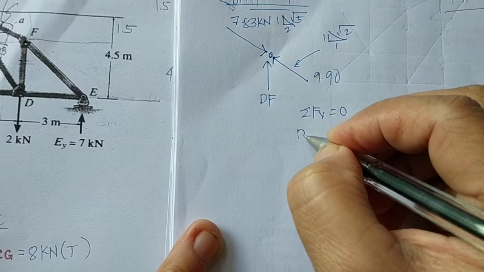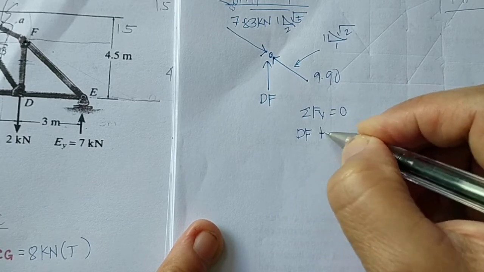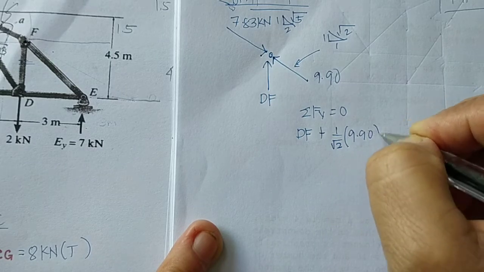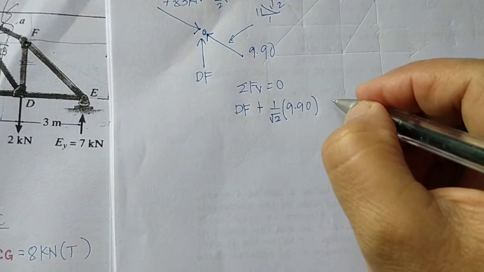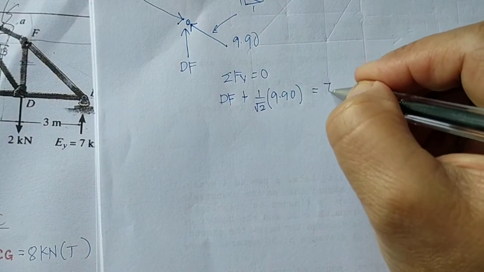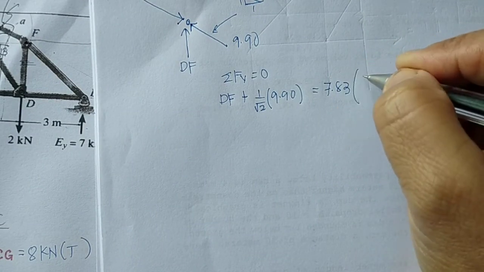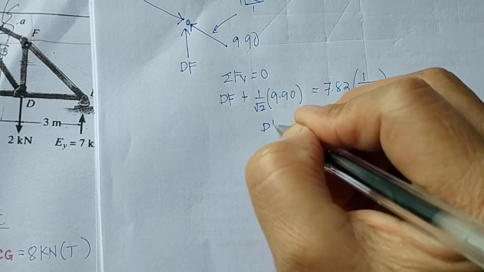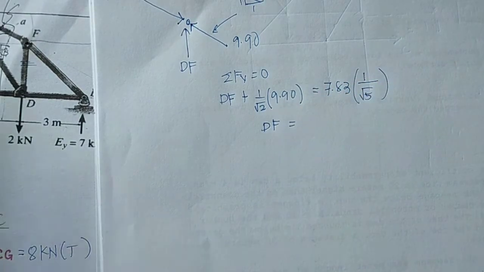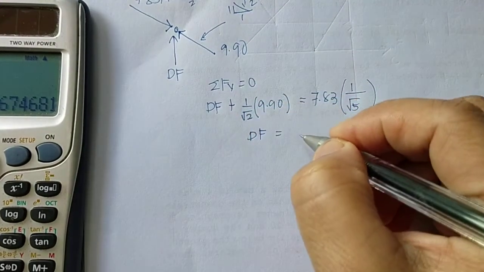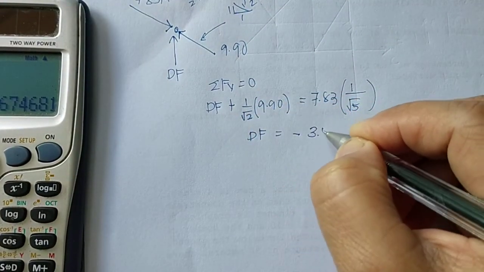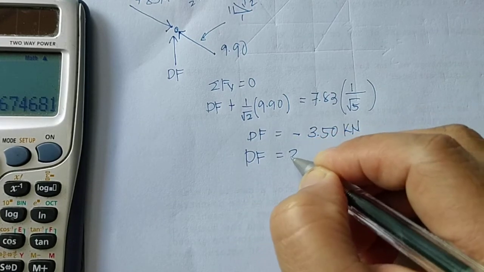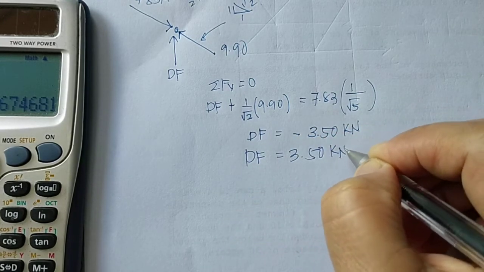So dF plus 1 over square root of 2 multiplied by 9.90 equals going down force 7.83 multiplied by 1 over square root of 5. So dF is equals, so the result is negative 3.5 kilonewton. So therefore dF is equals 3.5 kilonewton. This is tension.